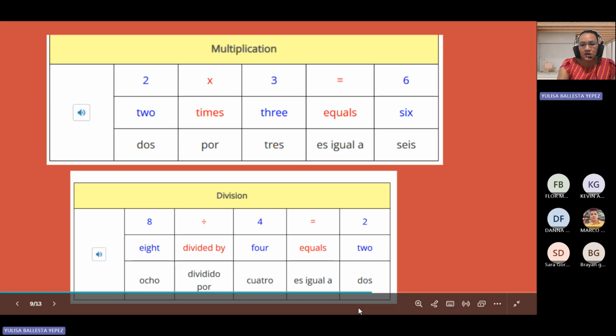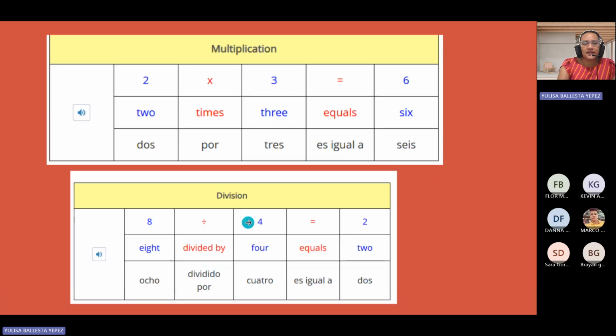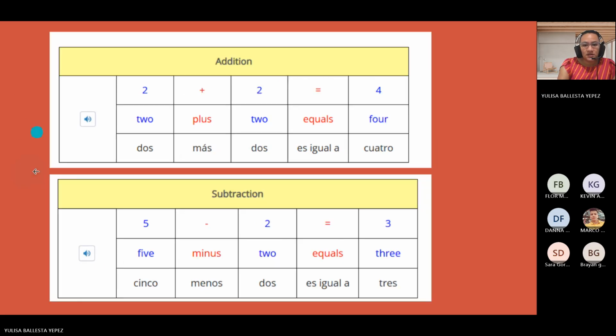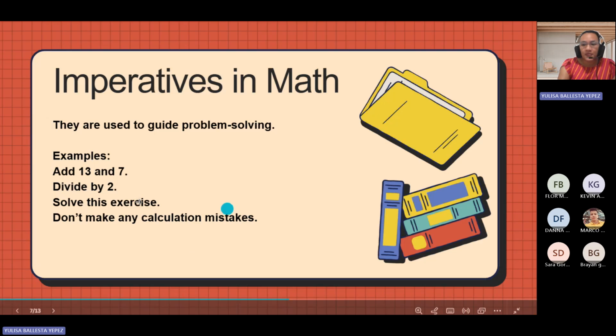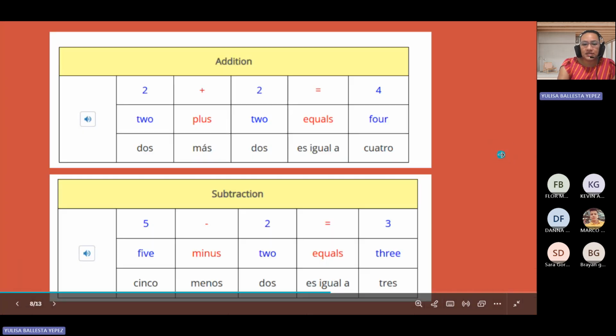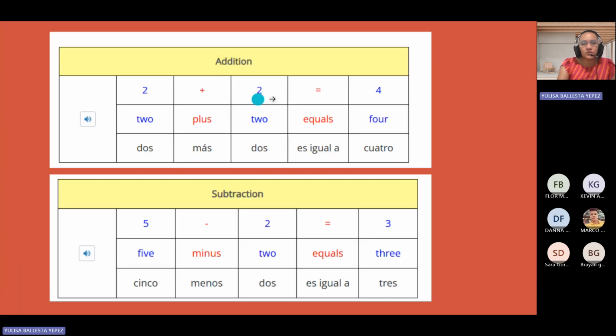Okay, very good. So we learned how to say plus, times, divided by, and in the subtraction we have minus, and in the addition is plus, 2 plus 2.